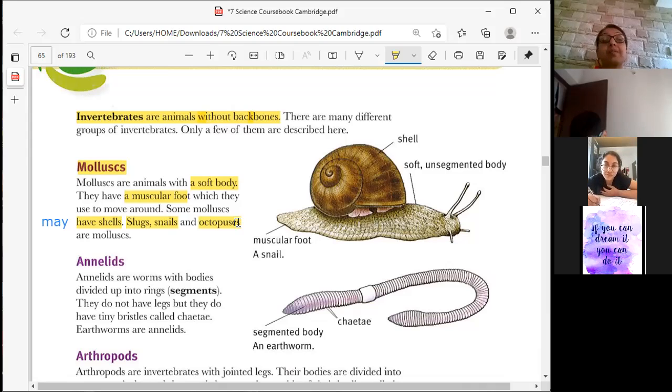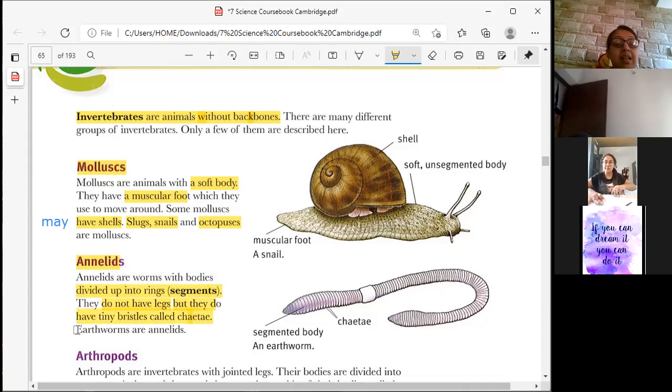Can we do the next? For the next one, you will write the name, Annelids. Then you will say first point, divided up into rings, in bracket segments. Then the second point you will write, do not have legs, but they do have tiny bristles called chaete.